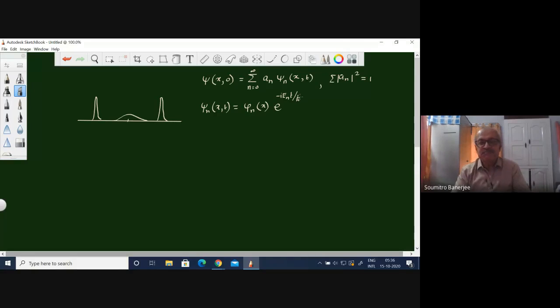Okay. And if E n is expanded, because you know what E n's are, it will be psi n of x times e to the power minus (2n plus 1) by 2, this is i omega naught t.